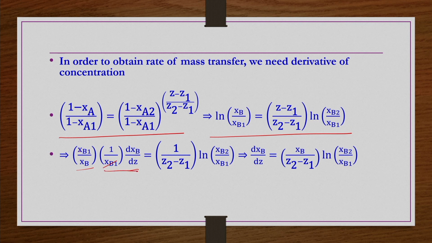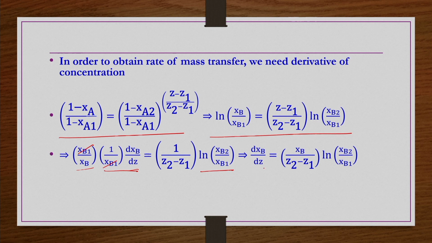So, this XB1 is cancelled out. On the right hand side, ln XB2 by XB1 is a constant, and 1 by Z2 minus Z1 is also constant, and for Z minus Z1, the differentiation is nothing but 1.